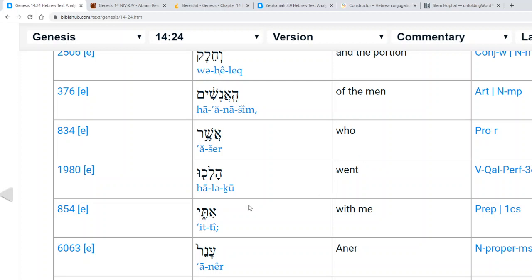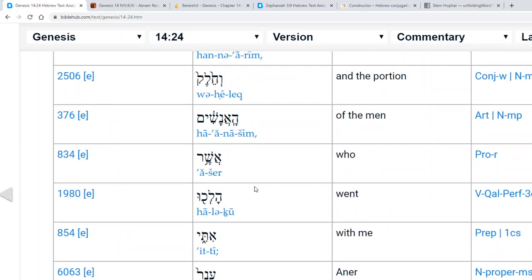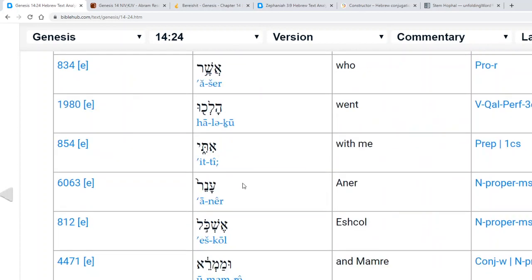That went with me. Et, and like we said, this is the preposition "at," not the direct object marker. Et, with me. And the portion of the people, the portion that belongs to the people who went with me.